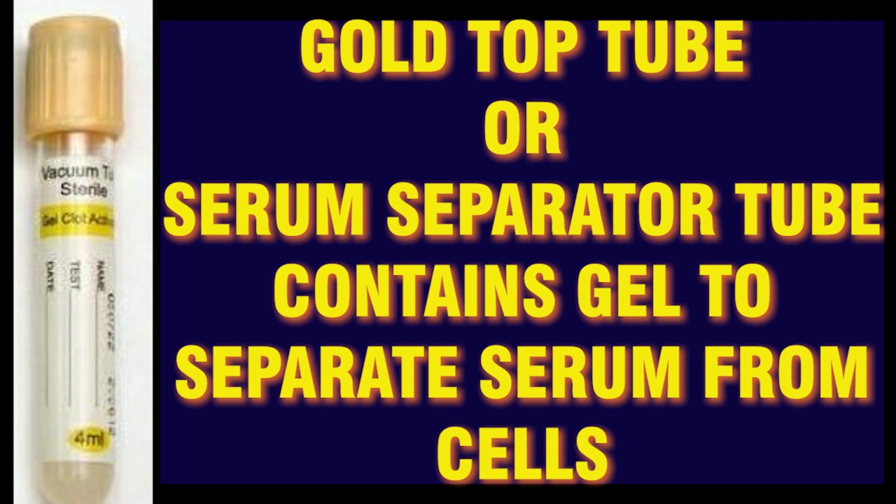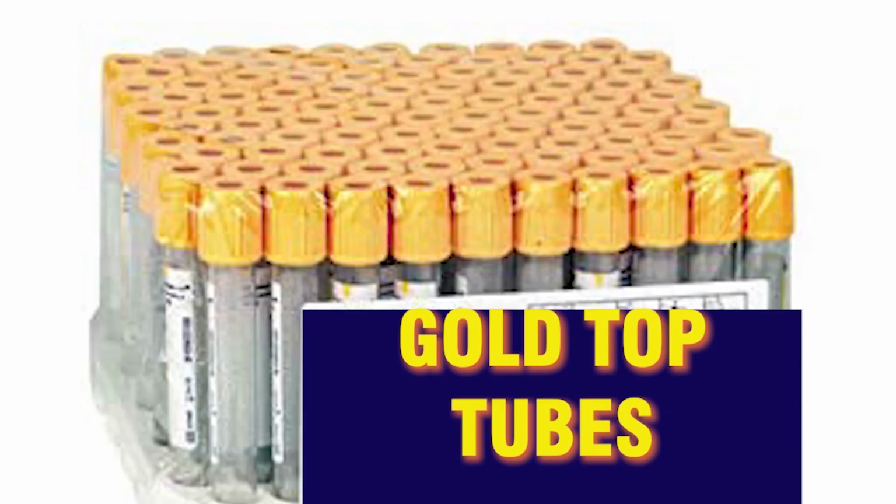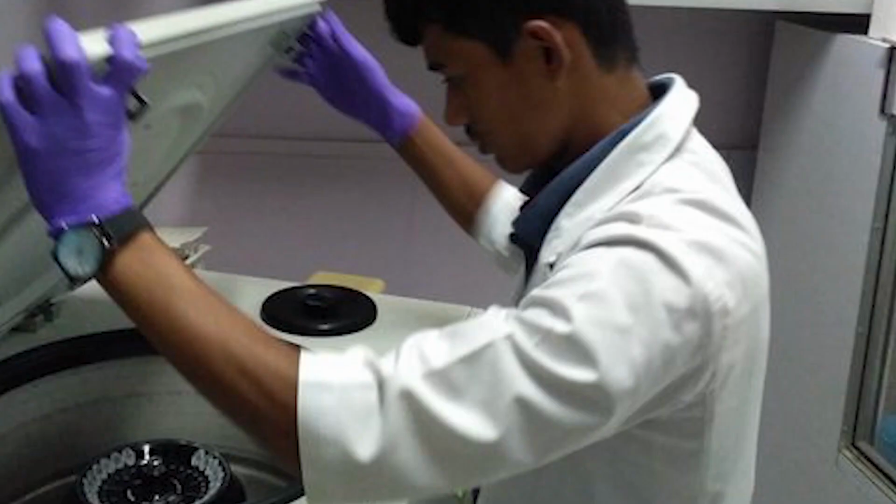Next is the golden top gel tube used for biochemistry tests. These tubes contain gel that can separate the blood cells and serum after centrifugation. Some of the analytes can be used by the cells even after collection of blood.